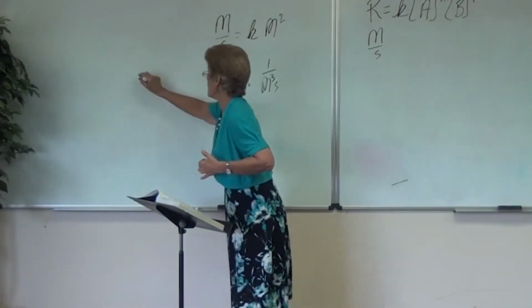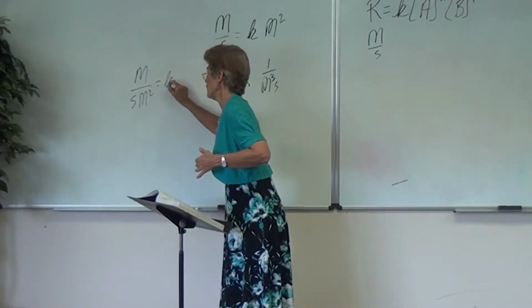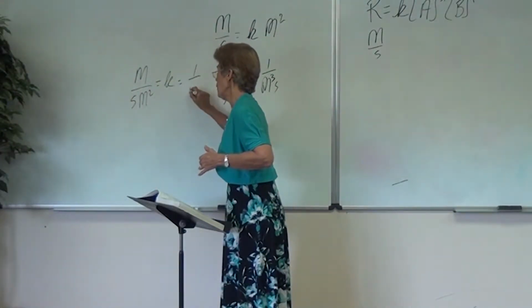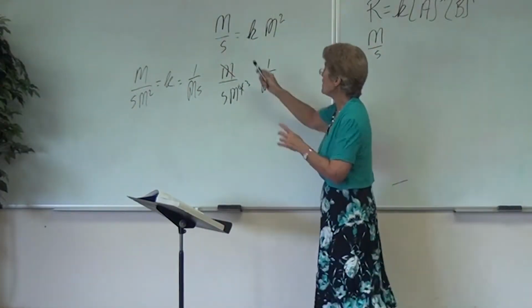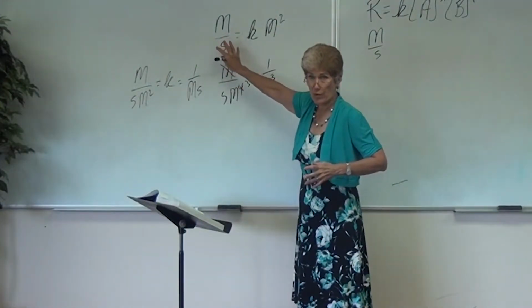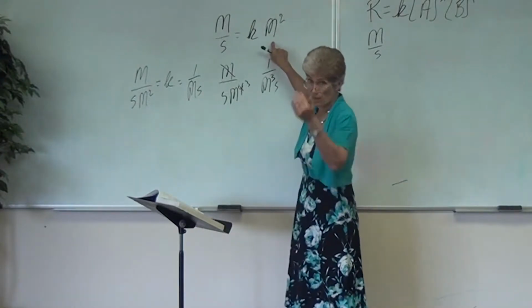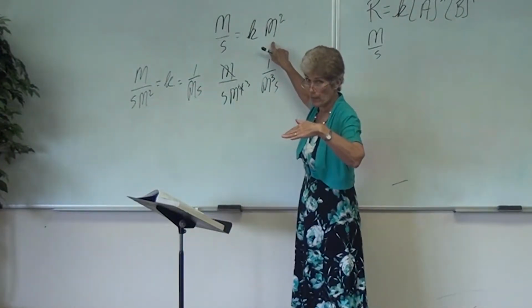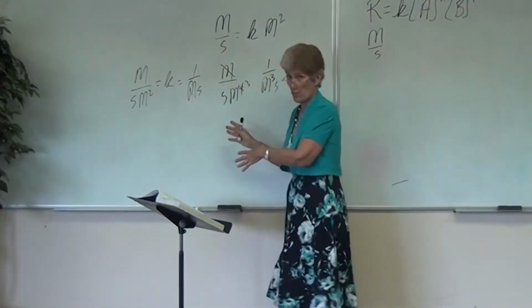We're going to swing it under here, so that's going to give me 1 over molar seconds, correct? Do you see it? So you determine this by just molar seconds, and then you divide over here whatever the order is. So this is always going to be 1 over molar to the order minus 1, seconds. It's always going to be that. But you can figure it out this way.